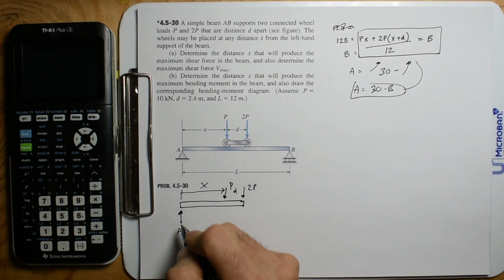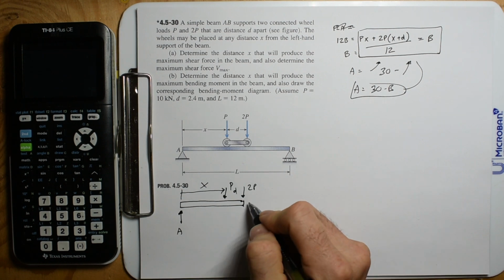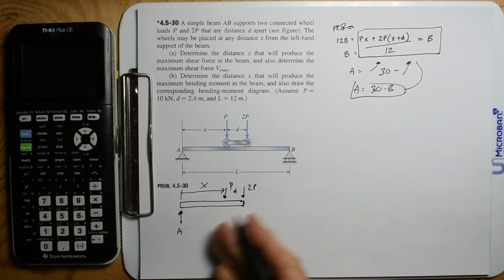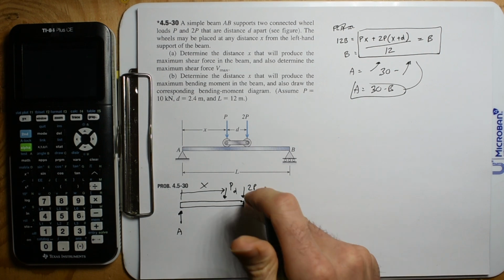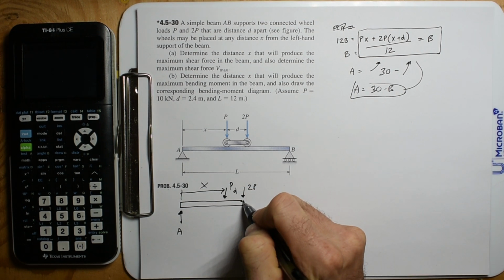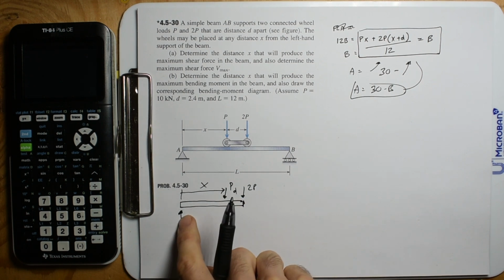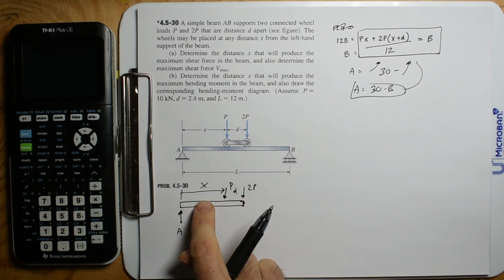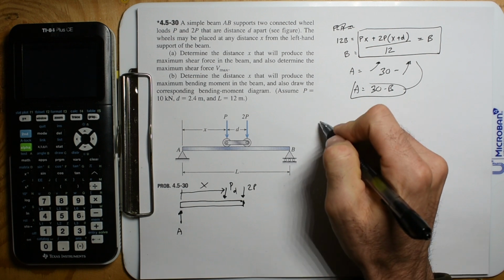And then we're going to sum the moments about here because we don't need to find the shear force. The shear force is going to be whatever, who cares, but we are going to have a moment. And that moment, summing the moments about this point, is going to be the distance x plus d.